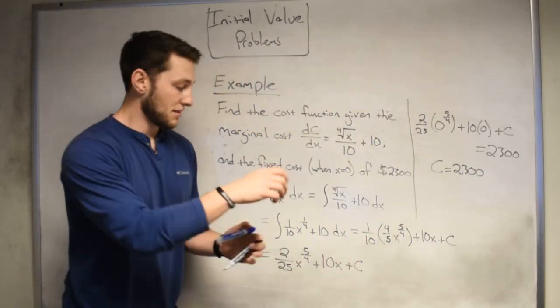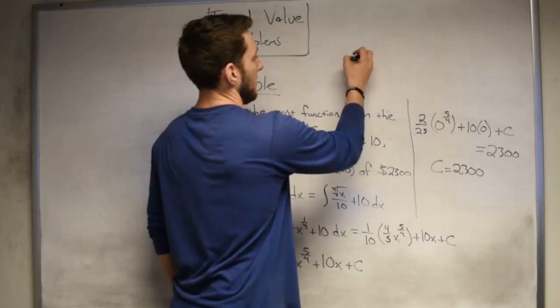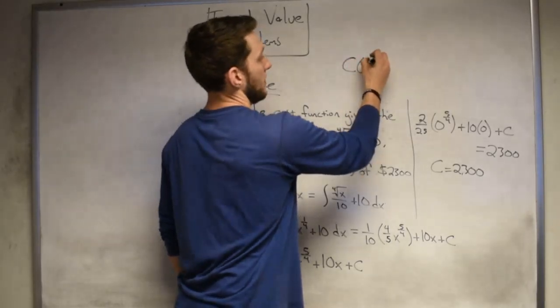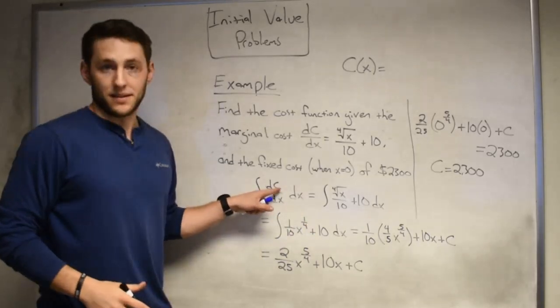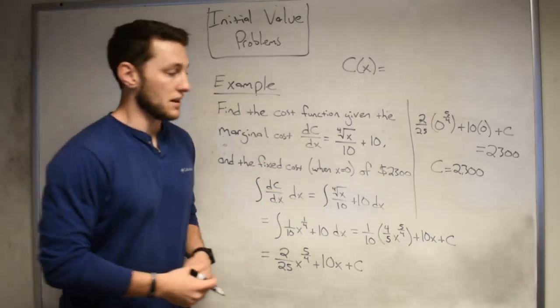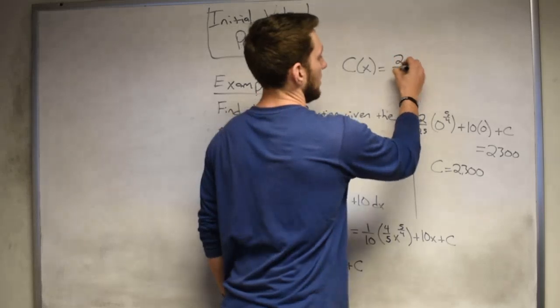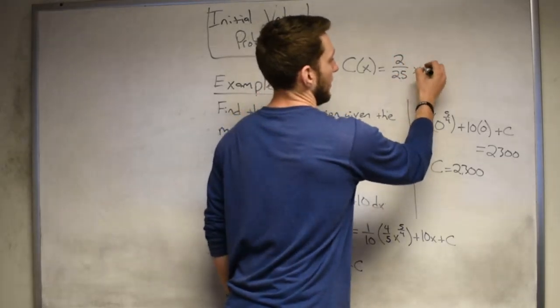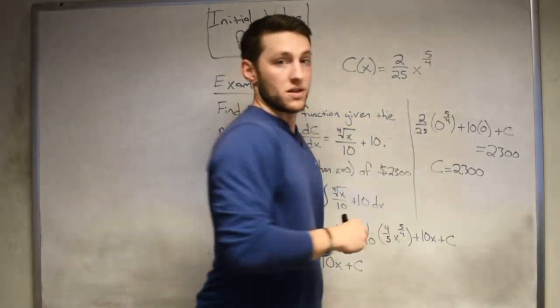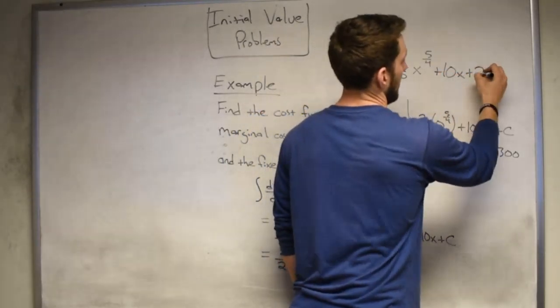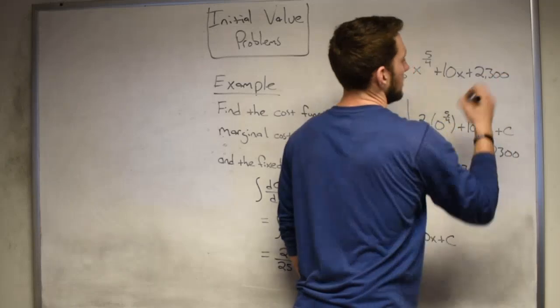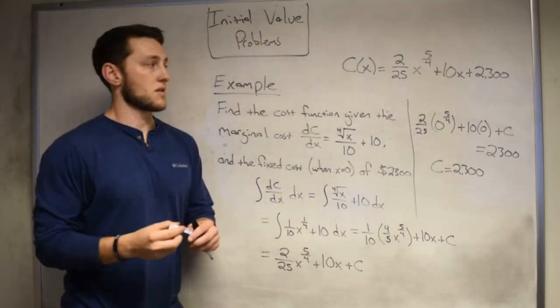Therefore, my final answer, if you don't mind, I'll write it up here, is that c of x, since we're talking a cost function, I'll call it c, and since it's named dc, or c right here, we got to call it c, will be 2 over 25 x to the 5/4 plus 10x plus $2,300.